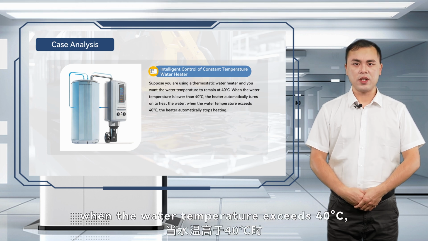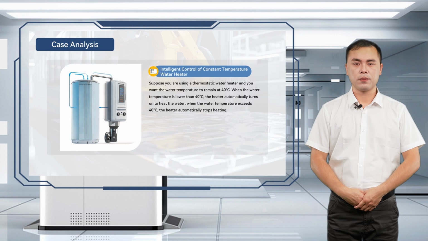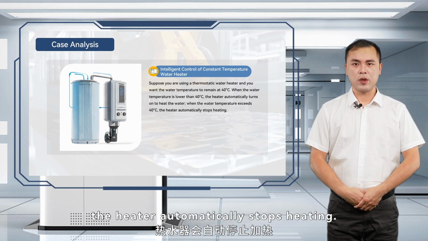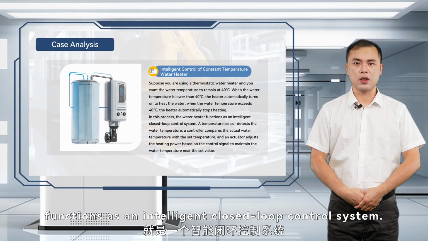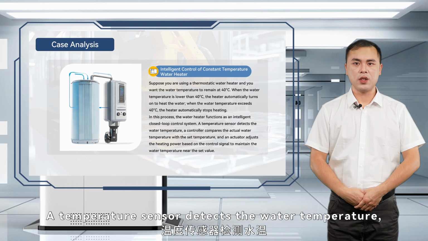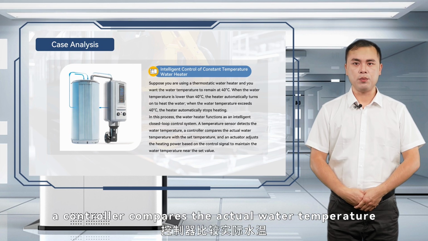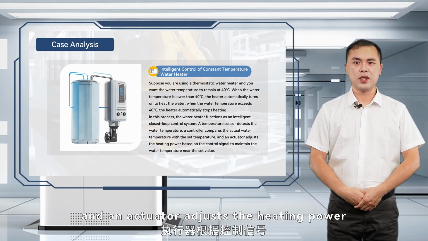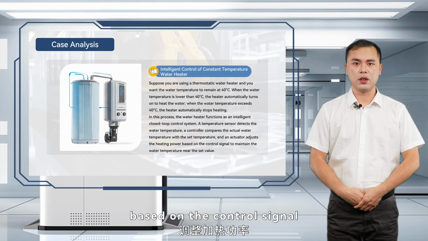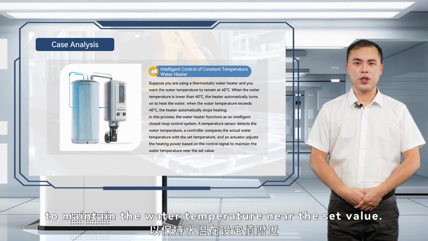When the water temperature exceeds 40 degrees Celsius, the heater automatically stops heating. In this process, the water heater functions as an intelligent closed-loop control system. A temperature sensor detects the water temperature. A controller compares the actual water temperature with the set temperature, and an actuator adjusts the heating power based on the control signal to maintain the water temperature near the set value.